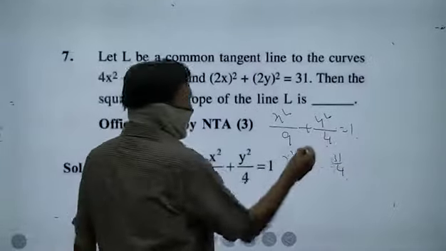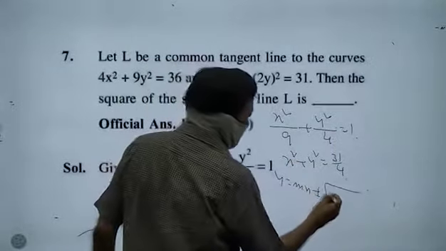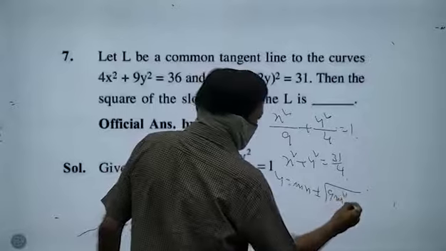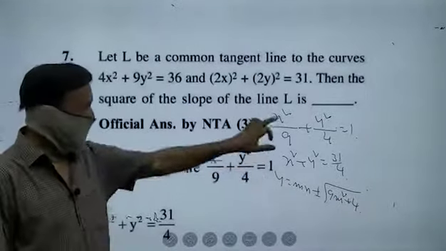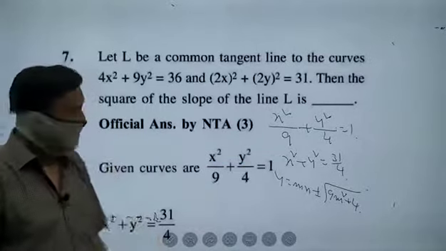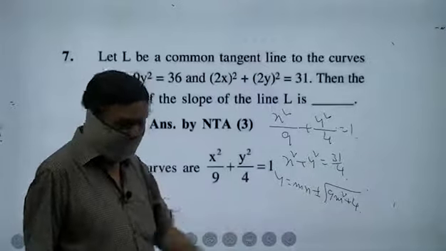Any tangent to the ellipse is y equals mx plus or minus the square root of a square m square plus b square. If this is a tangent to the circle, the radius is the perpendicular distance.